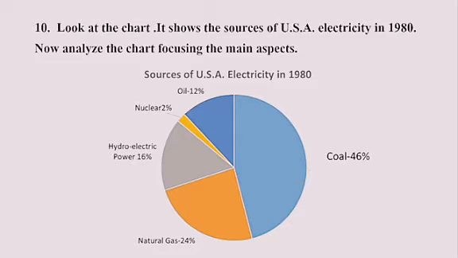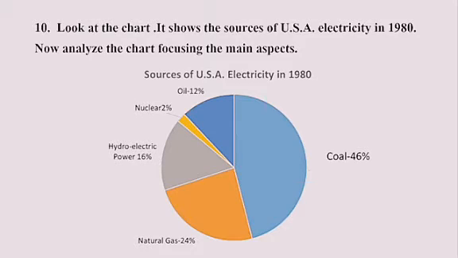Whenever we get a question, you must focus on some certain things: what is the subject or the topic, or on which thing the data is presented. In this question, the topic is sources of USA electricity.